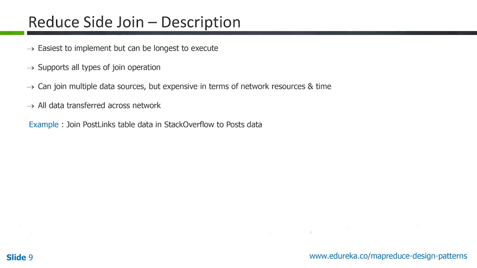Yeah. Because you are transferring the whole data across the network, the performance of the reduced side join is always going to take a hit if your data set is large, and also if you have multiple data sets. So instead of having a couple of those data sets getting joined, probably you have got 20 of those getting joined together.